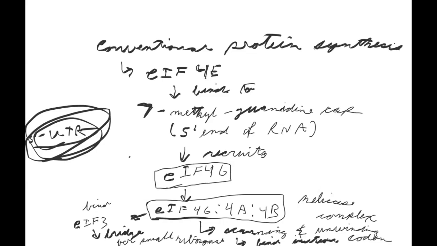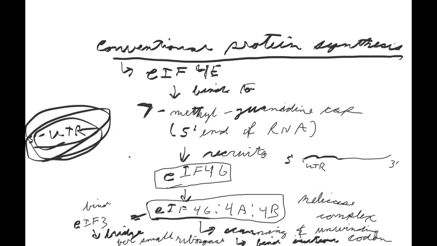So you have this messenger RNA, 5', 3', and you have this region here that's the UTR, and it recruits. Now, this is normal. This is the conventional way. So we're just going to start with normal, and then we're going to go to abnormal.